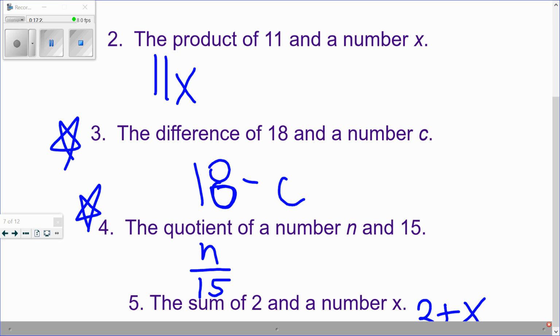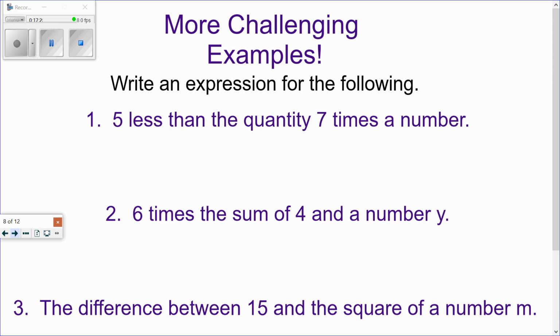Okay, let's look at a couple challenging ones together. Number 1, 5 less than the quantity 7 times a number. Less than, what operation is that? It is subtraction, okay? Times the number, of course, is going to be multiplication.